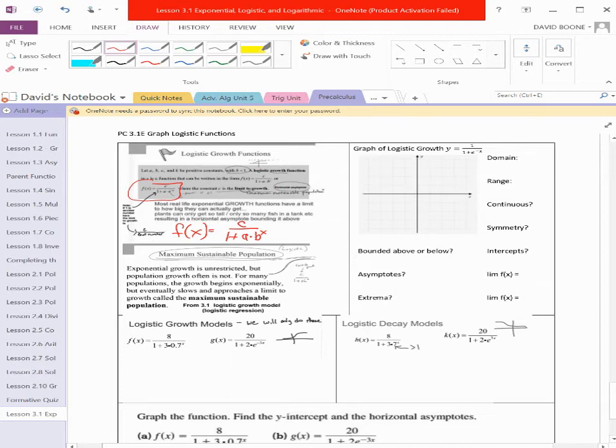We'll use f of x equals c over 1 plus a times b to the x, because this little piece looks like our exponential model. But now remember, this is on the bottom, so you have to think a little bit of the opposite, because if it's on the bottom, we'll talk about that in a few minutes. This c value here is called our limit to growth.